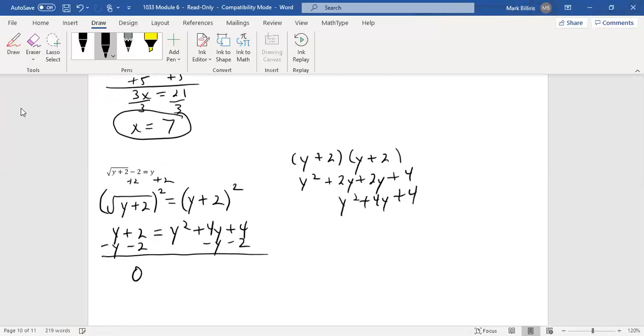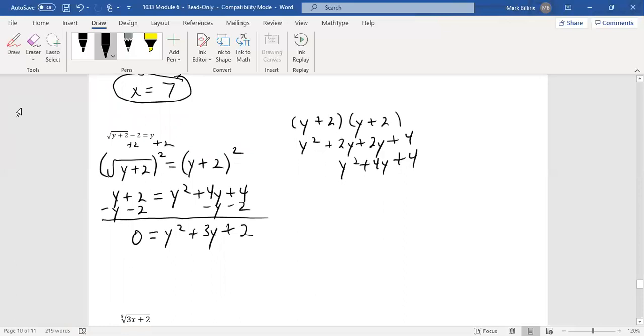So that gives me 0 equals y squared plus 4y minus y, which is positive 3y, and positive 4 minus 2 is positive 2. Hopefully you're comfortable with the shortcut of factoring. I'm looking for the factors of positive 2 that add to a positive 3, and that's going to be a positive 2 and a positive 1.